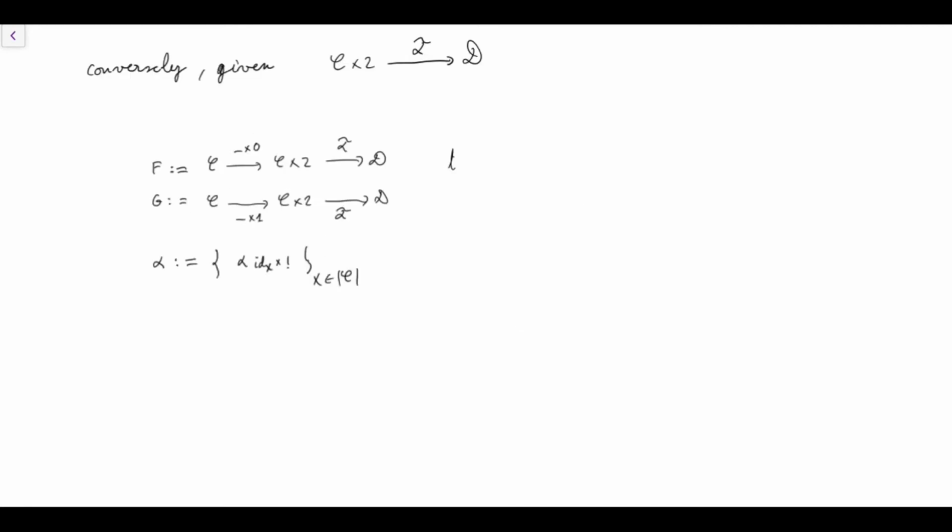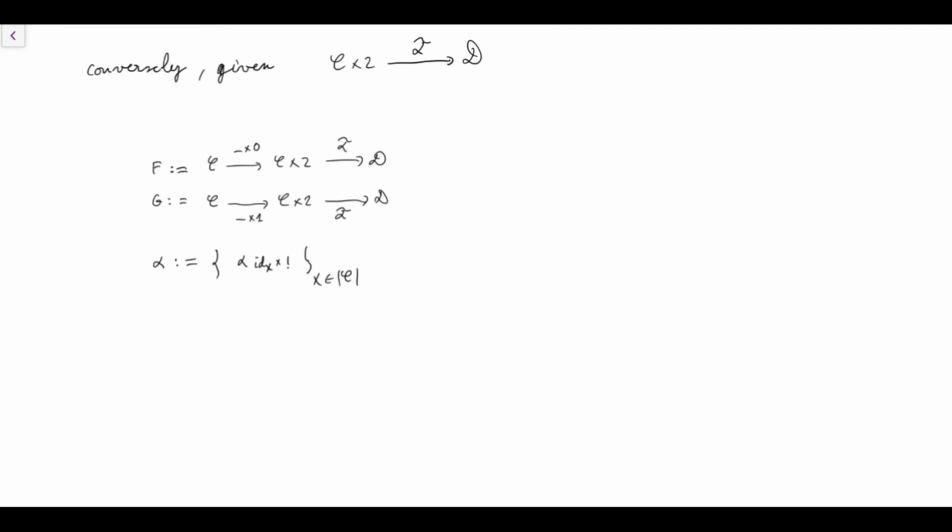Now, if we consider the other way, we are given a functor alpha tilde from C cross 2 to D, we can now define f and g as being the composite functor, which maps C to C cross 2 by just tagging along those 0 and then followed by alpha tilde.